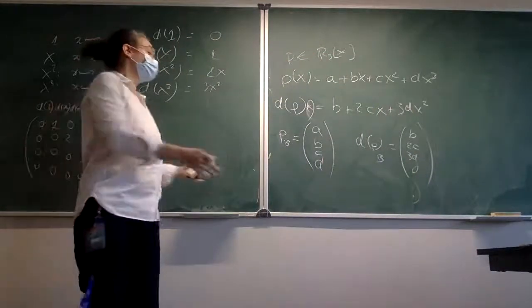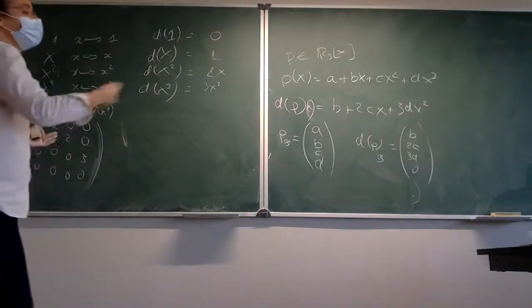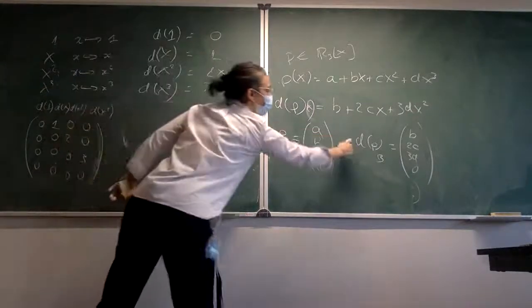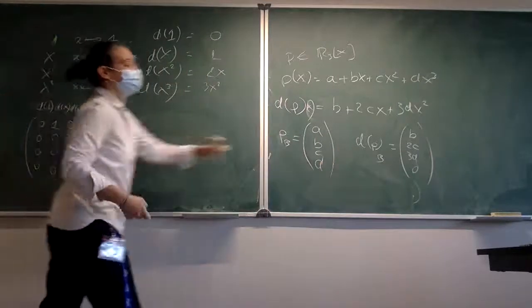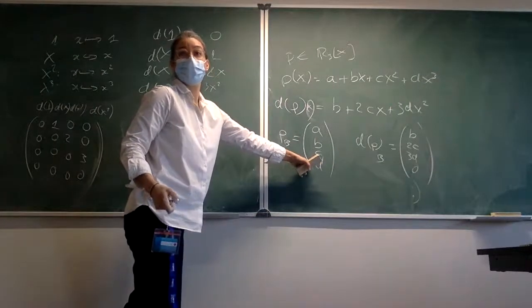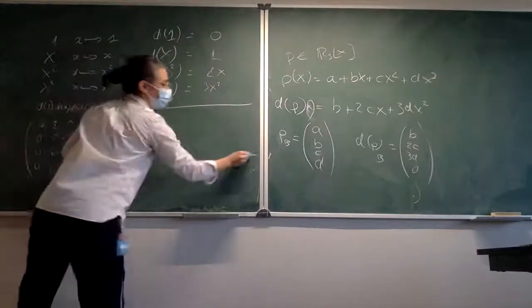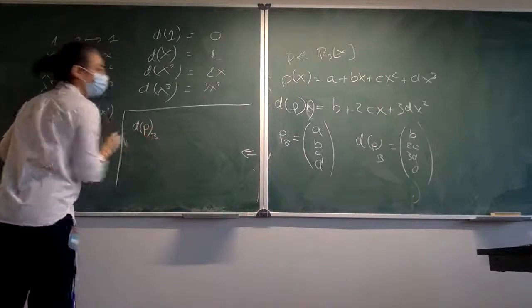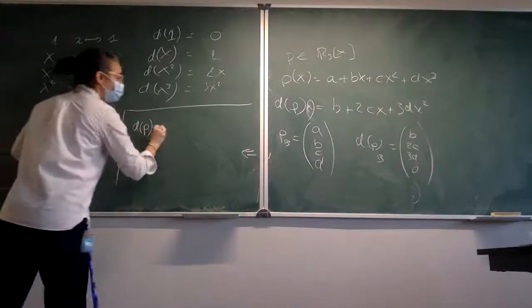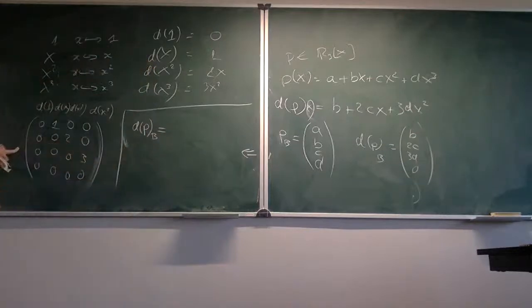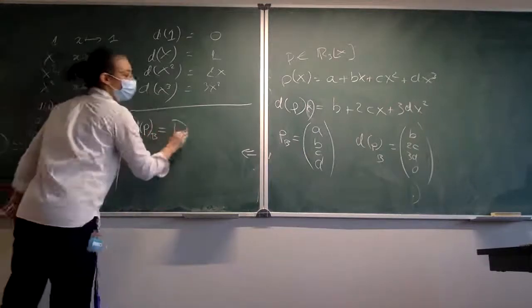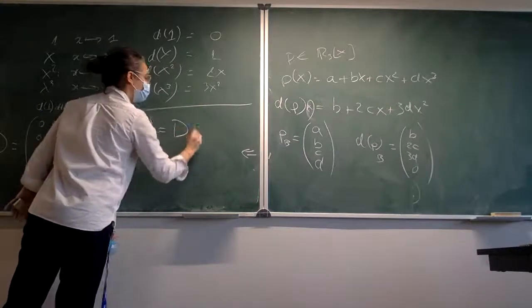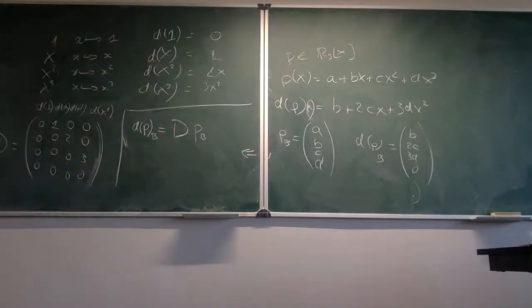And what's the relation with this matrix representation? We really have that this one is this matrix times that vector. D of P in basis B is actually given also by the matrix. Let's give it some name. Let's call this the matrix D, times this P_B vector.